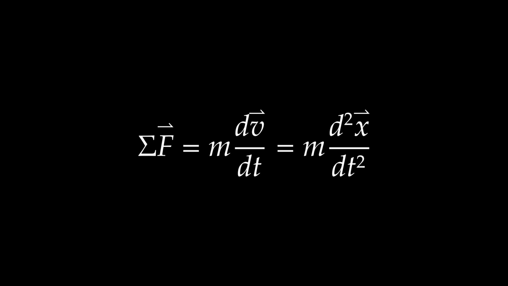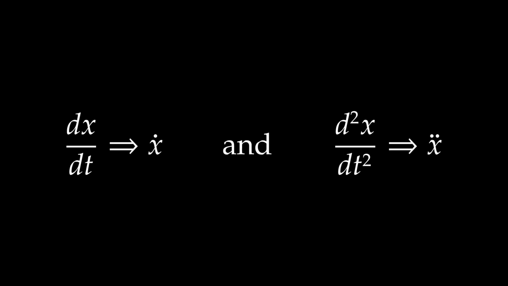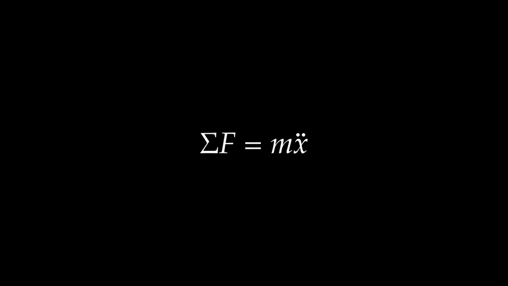And just recently, I've been using a happy notation where I used a dot to indicate a time derivative. In order to get the acceleration, I have to take two time derivatives of position. If I know the position is a function of time, I take one derivative, it gets me the velocity. A second derivative gets me the acceleration. And so I can write this as m x double dot. x double dot is the acceleration because I have to take x and take two time derivatives, two dots.